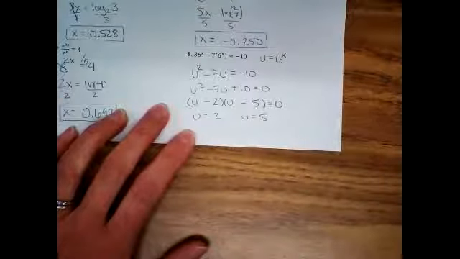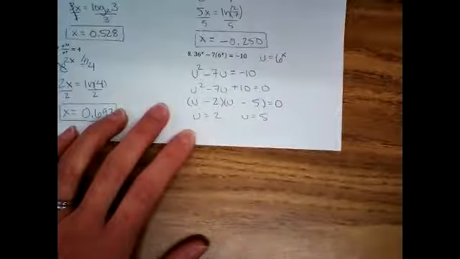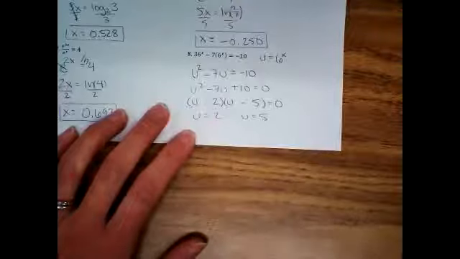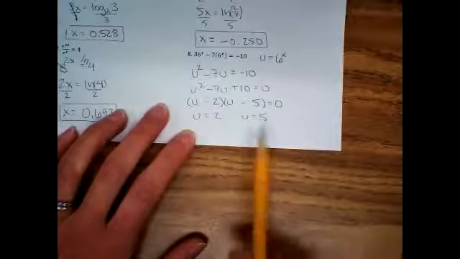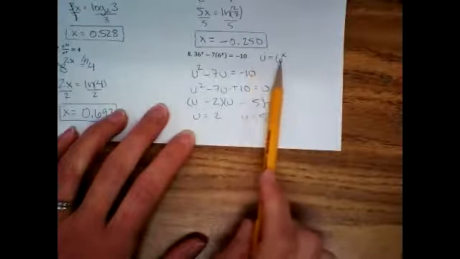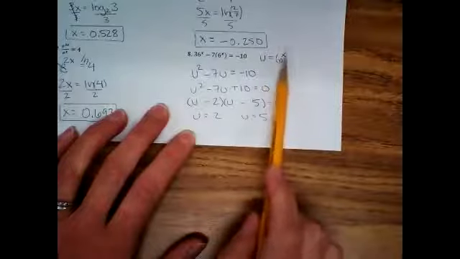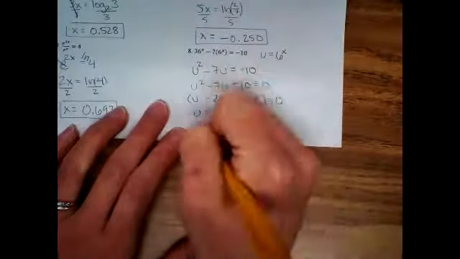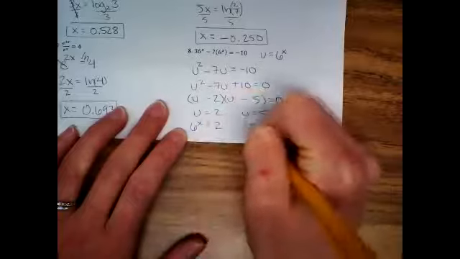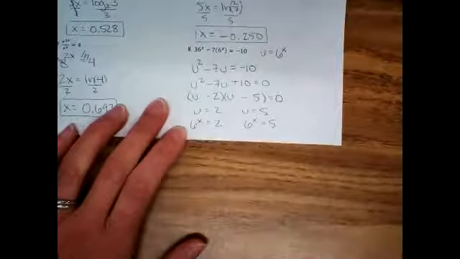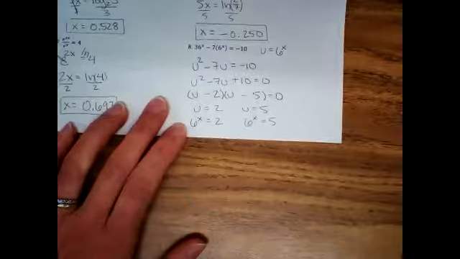Here's the only kind of bad thing. We're not bad, but just we're not done yet. That's u, and we're looking for x. So look back. What did we let u equal in the problem? Yeah, 6 to the x power. So what we get is 6 to the x equals 2 and 6 to the x equals 5. All right, now what? We still want x by itself.